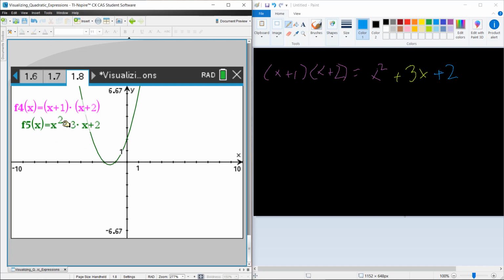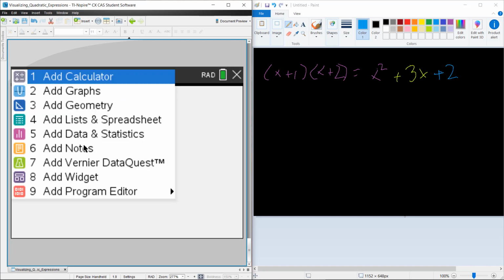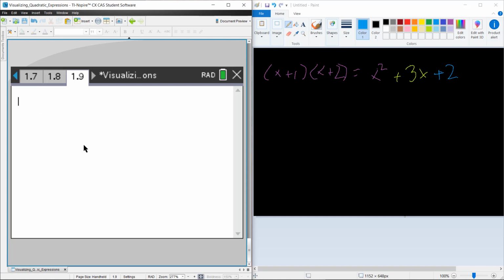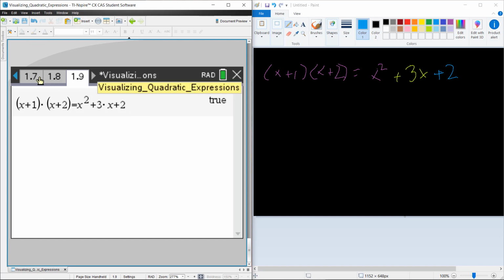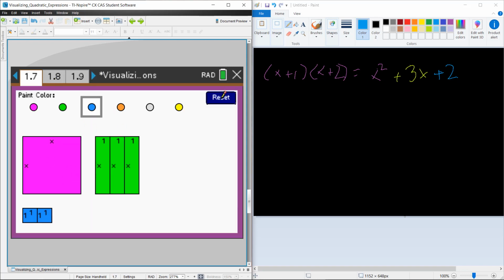And you can see that those definitely graph right on top of each other. We could also use the calculator page to do the same thing. We could check, is x plus 1 times x plus 2 equivalent to x squared plus 3x plus 2? And we find that that is, in fact, a true statement, what we expected based upon the work that we just did here.